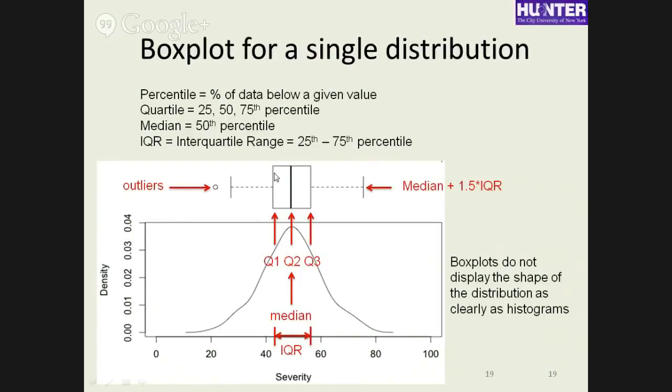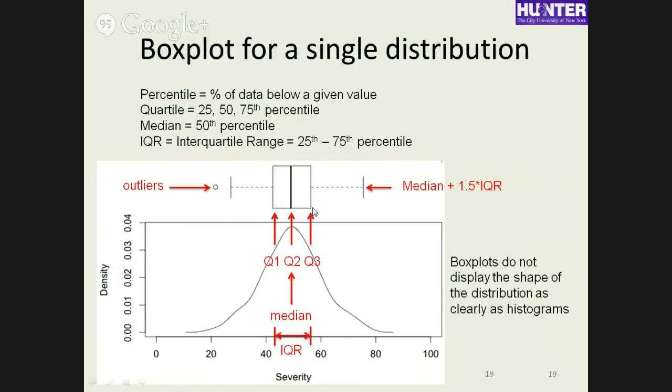And then it encloses this box at the first and the third quartiles. Quartiles are where quarters of the data lie. The first quartile means that 25%, or a quarter, of the observations of severity of something, in this case of pain, fall below that.